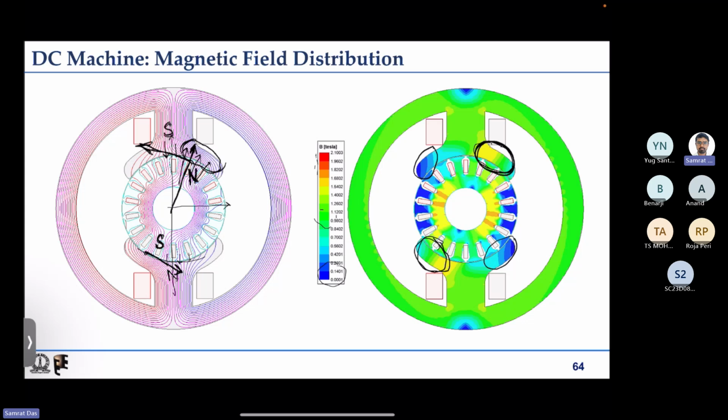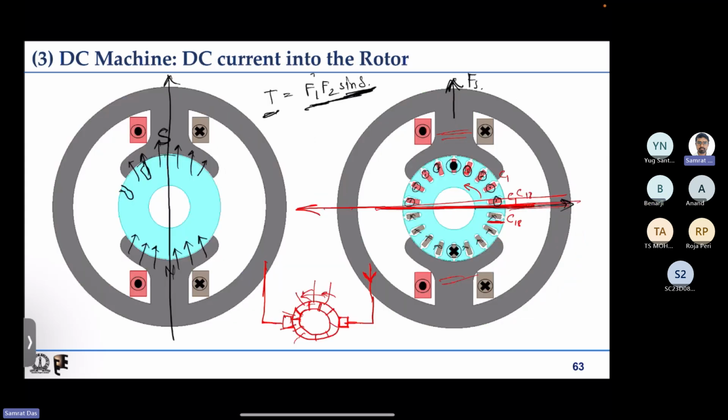Probably I'll stop for questions now, if there are any questions. Sir, can you go back to slide number 33? Yes, 33.